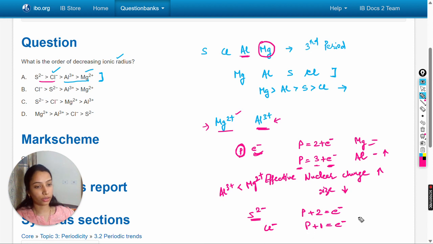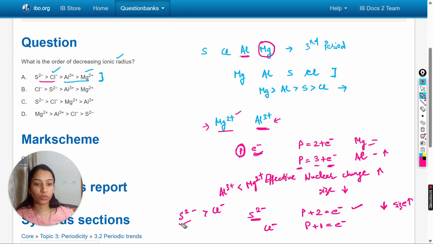So here the number of electrons in case of S2- are more than chlorine minus. So effective nuclear charge will decrease more in case of sulfur. Same reason, and here due to the decrease in the effective nuclear charge, size will increase. So S2- will have more size than chlorine.